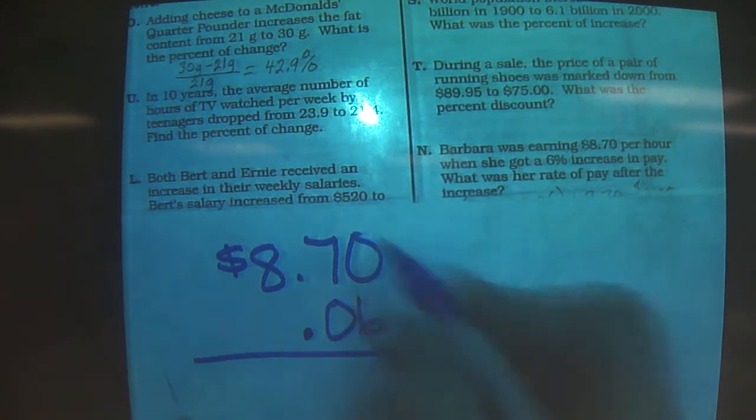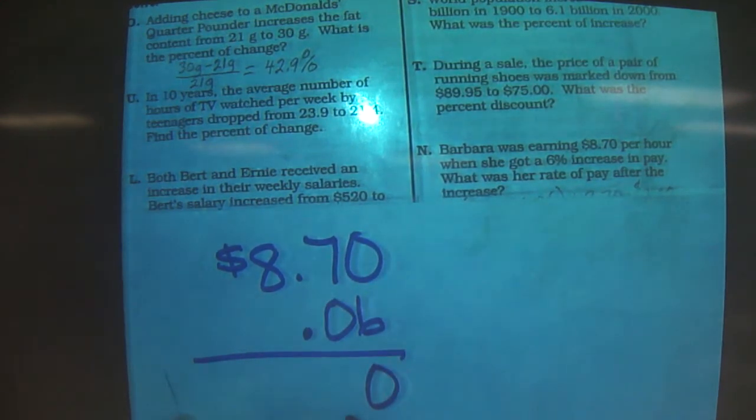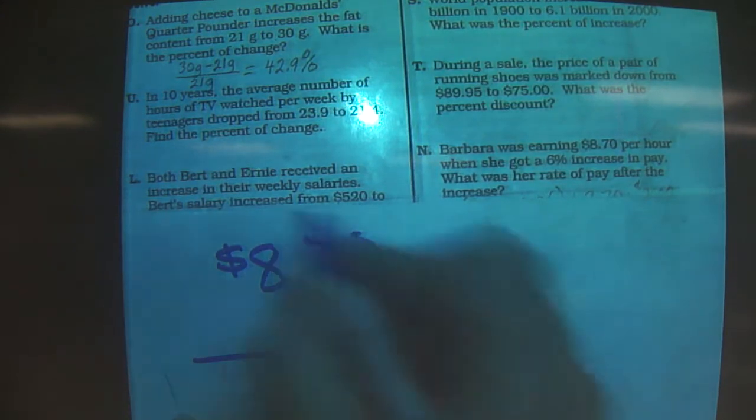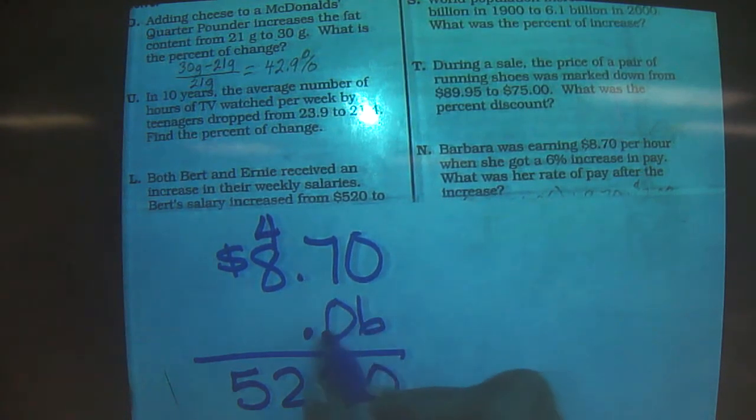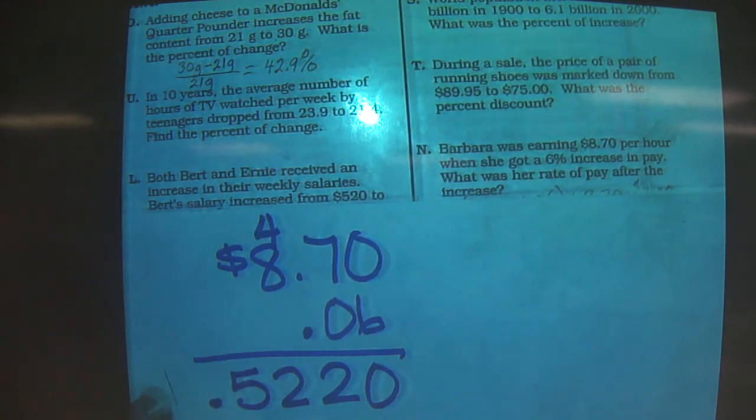Okay? So 6 times 0 is 0. 7 times 6? 42. 8 times 6? 48 plus 4 more? 52. How many decimal points? 1, 2, 3, 4. So she got a 52.2 cent increase, right?